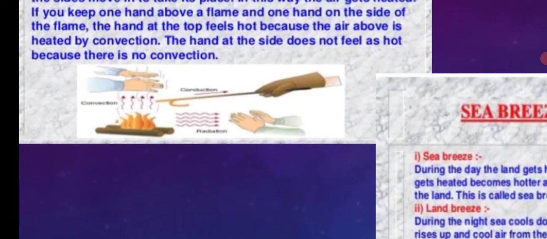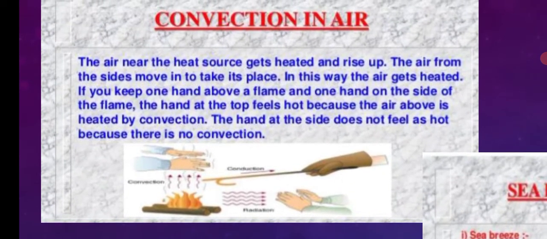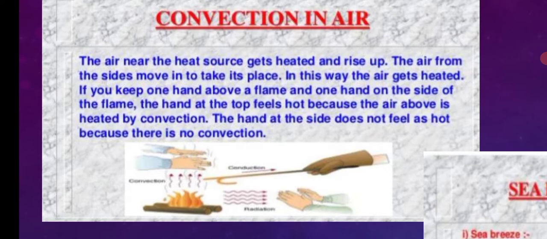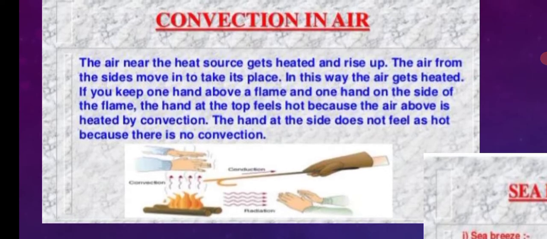Here we can see the result of convection. The air near the heat source gets heated and rises up. The air from the side moves in to take its place. In this way, the air gets heated.